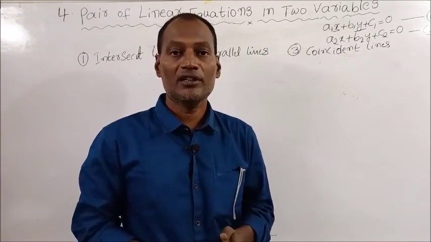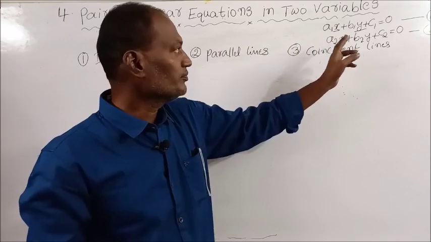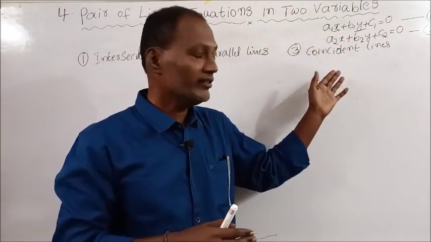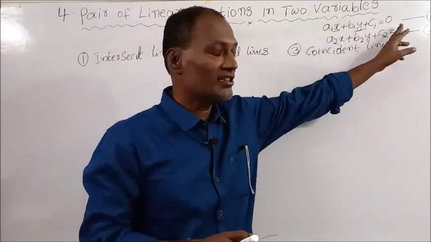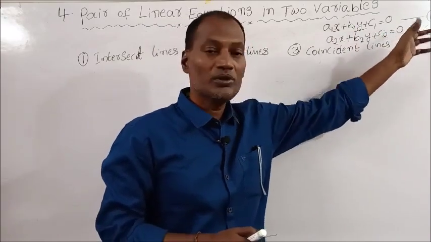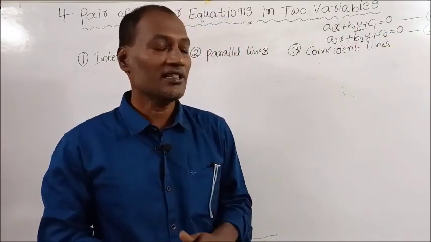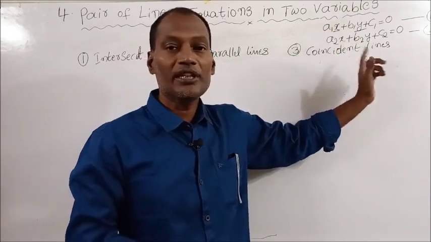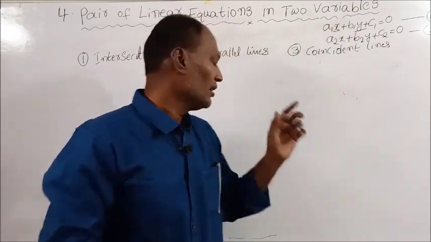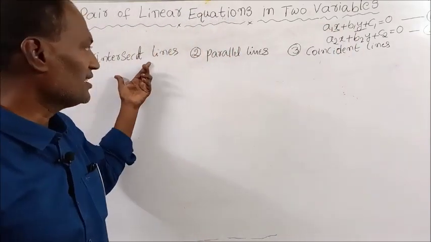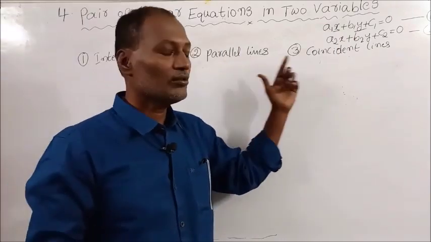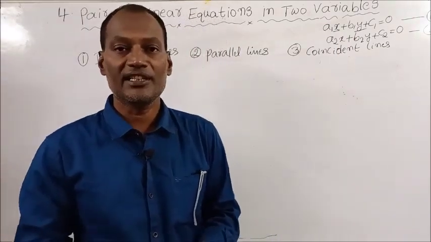Why are we calling it a pair? Pair means in any question in this topic, two equations are given, so we call them a pair of linear equations. There are three types: intersecting, parallel, coincident pair of linear equations.